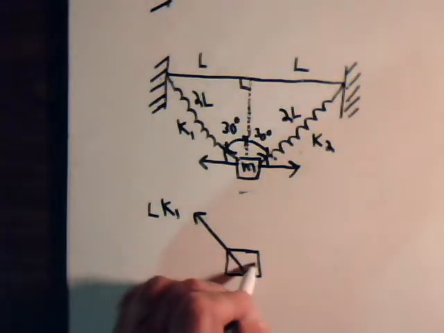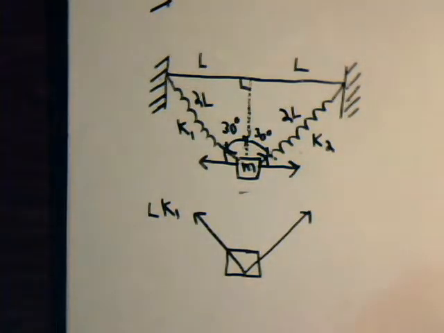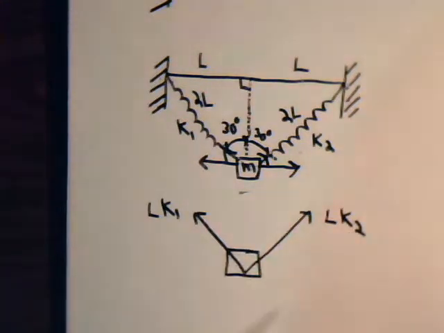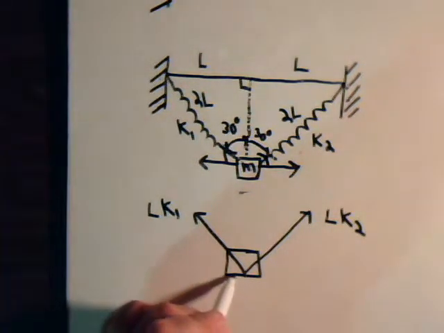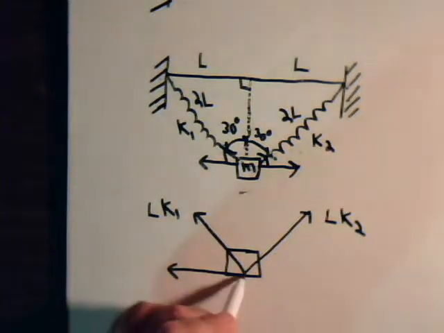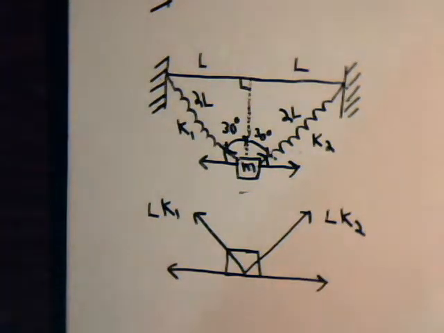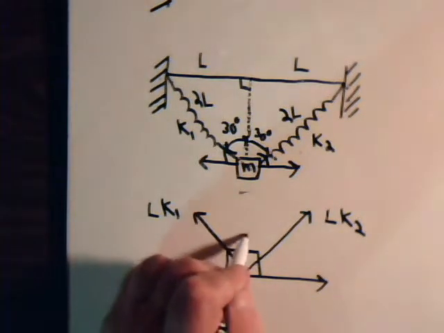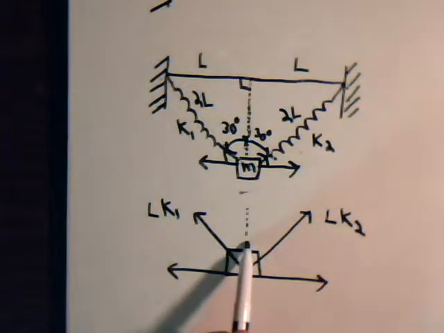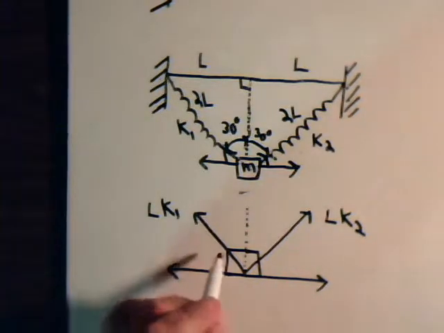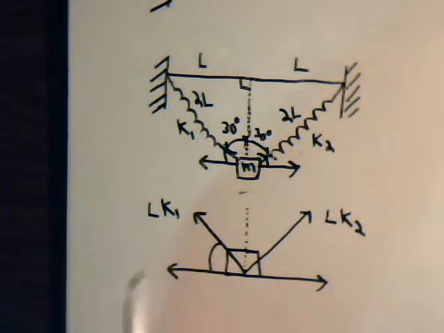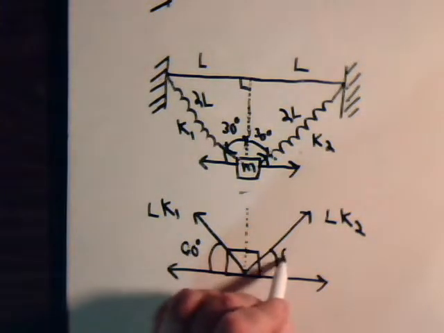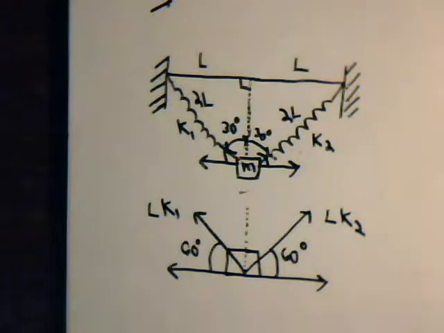Then there's the force from this spring, that's L k2, and now we want to consider their horizontal components. Now, this angle is 30 degrees, so this angle is 60 degrees. Of course, over here it is 60 degrees.